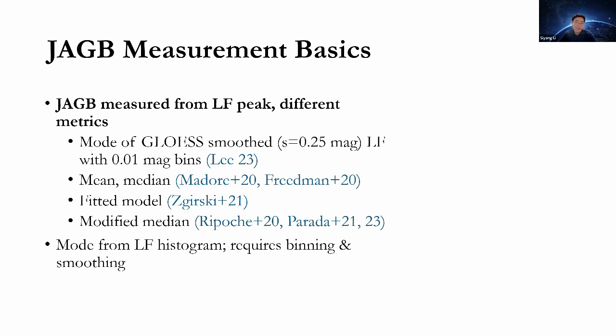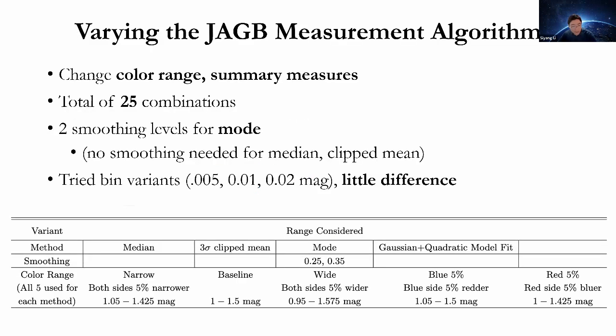And this smoothing introduces an additional parameter that you can adjust. A higher smoothing parameter results in more heavy smoothing, a lower smoothing parameter results in less smoothing. And this will affect measurements, which I'll talk about later on. And so with all these different ways to measure the JGB, this brings us to several possibilities of constructing measurement variants. We sought to explore as many of these variants as we could, and as many ways to measure the JGB as we could.